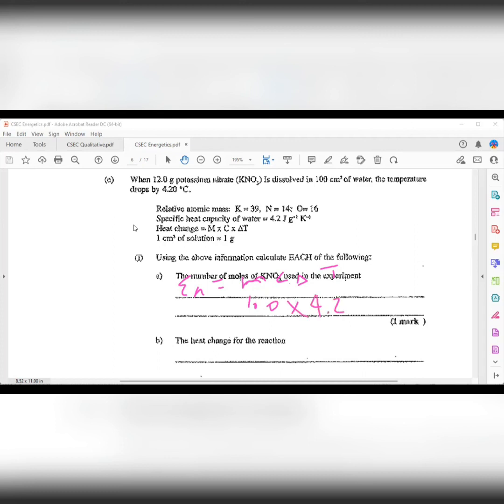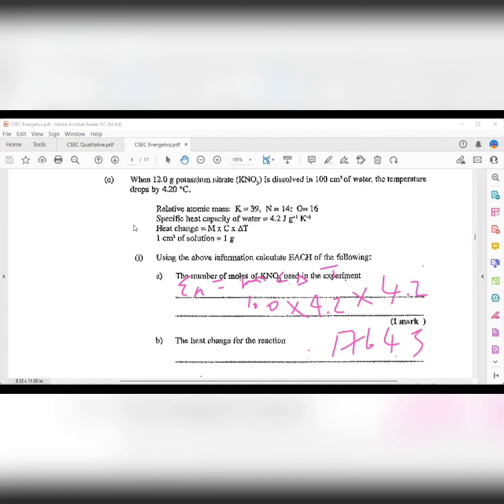Remember, it's always that, and include your units, times the change in temperature, which was 4.2, because they didn't really give that one. So it's 100 times 4.2 times 4.2, which is 1764 joules. And that's how you get your answer there.